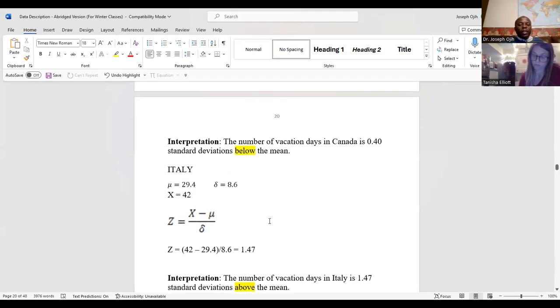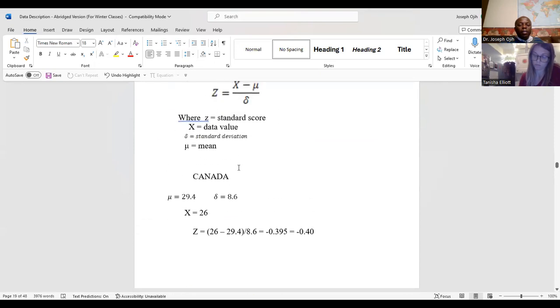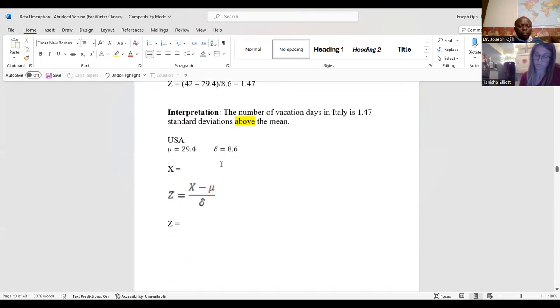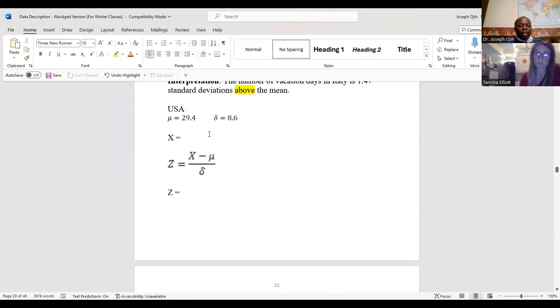Now for USA, you see that it is 13 days. Okay, good. So for USA, we put that X as 13, so the vacation days will be 13 minus mean of 29.4 divided by standard deviation of 8.6.